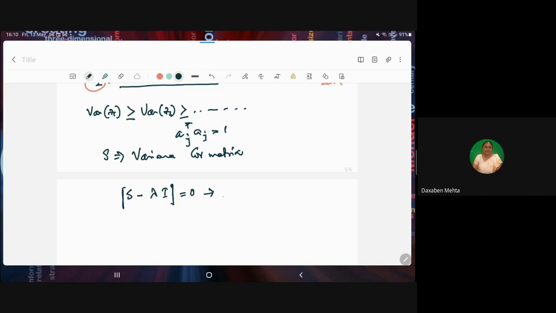These lambdas are called eigenvalues, and different eigenvalues we are actually going to deal with.